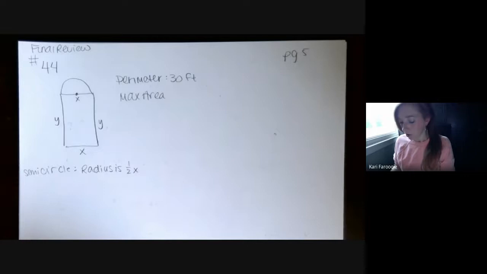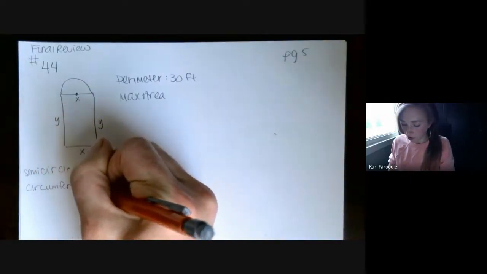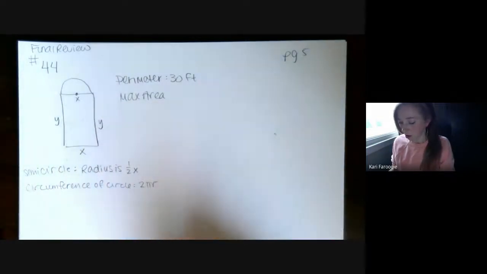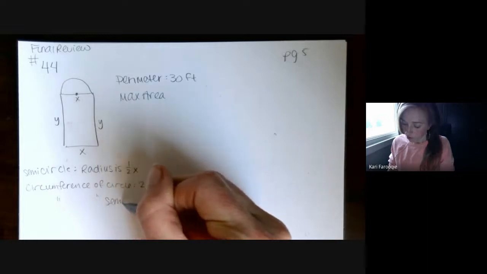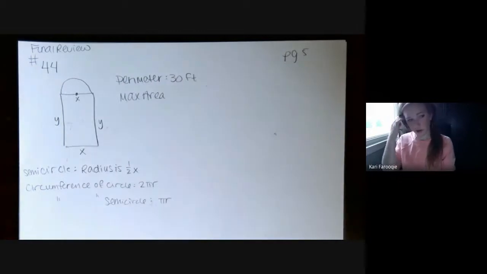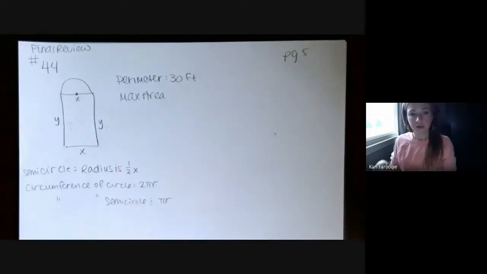The circumference of a circle, and you have a geometry formula sheet, is 2 pi r. However, you don't have a full circle here, you only have a semicircle. So the circumference of a semicircle is just going to be pi r because you're only taking half of that. And then to get the perimeter for the rest of the window, we'll just add the remaining sides. The circumference, if you'll remember, is just the distance around a circle.